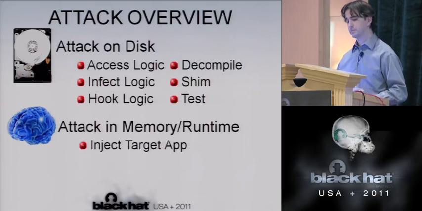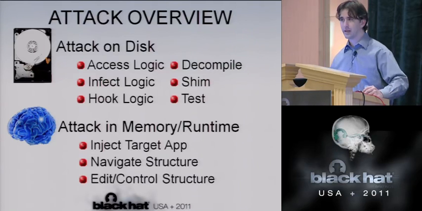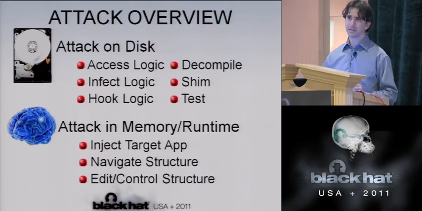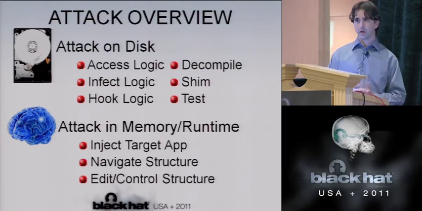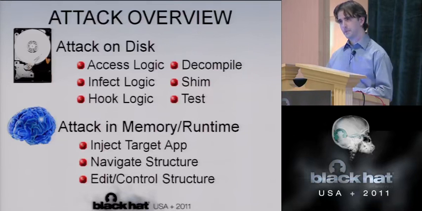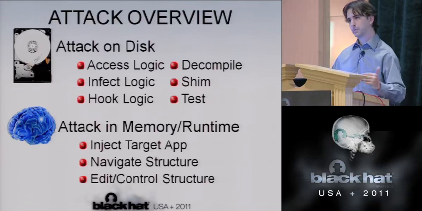Attacking in memory, you inject into your target, navigate its structure, and edit and control your structure. These are completely separate attack vectors. Instead of going after code on disk, you're going after objects in memory. And they achieve essentially the same goal, but from different vectors.